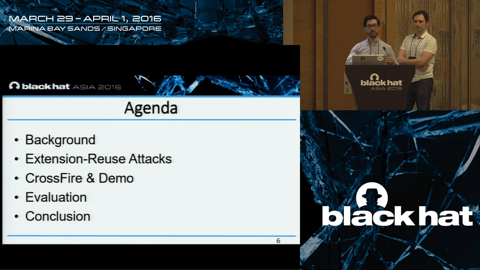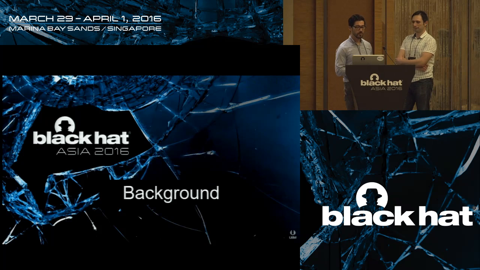Finally, he'll tell you a bit about the evaluation that we performed to measure the significance of the problem. And then we'll conclude with some final, parting thoughts on where things stand and where things might go in the future.